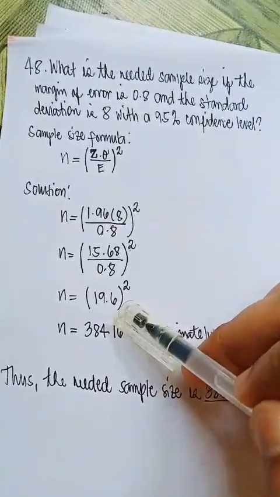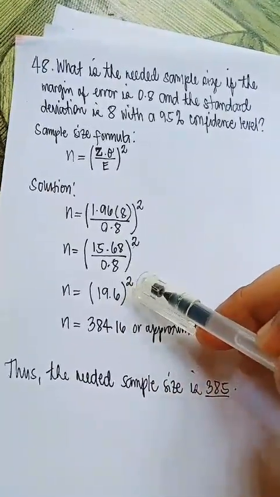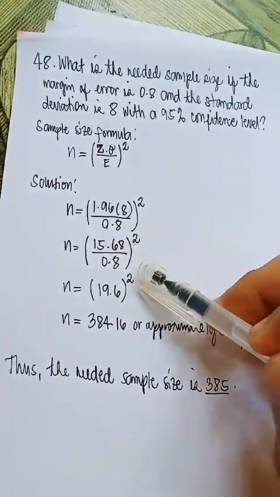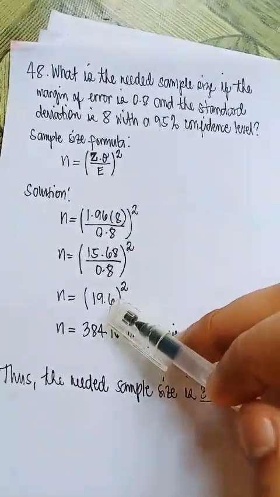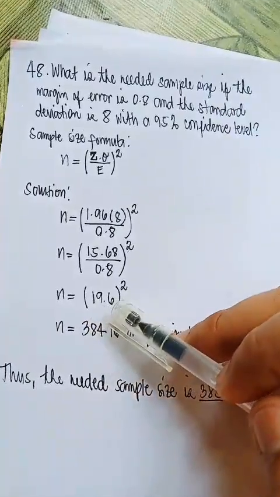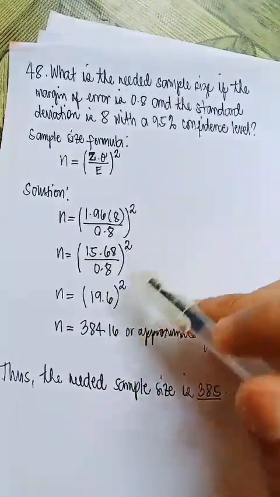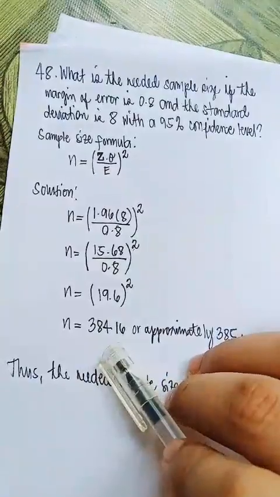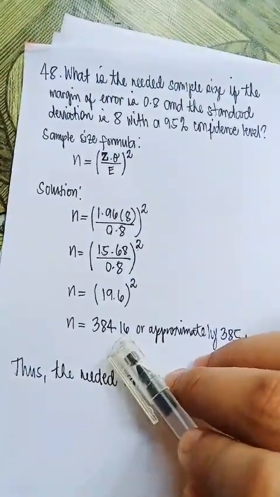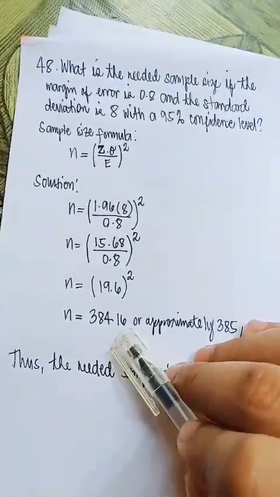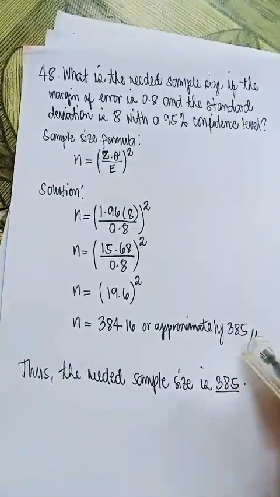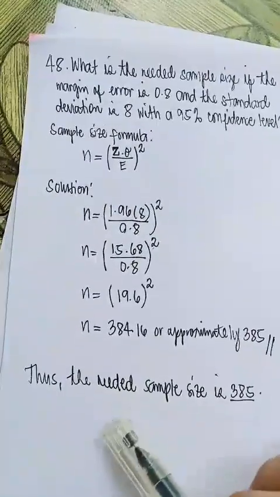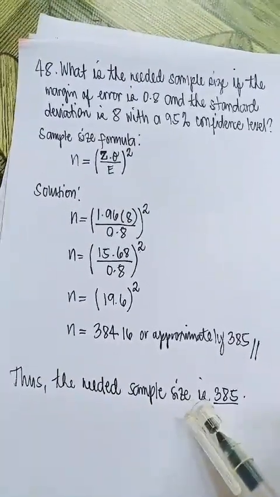Next, since we have the square, we multiply 19.6 by itself. That is why we have here the final answer, 384.16, or approximately 385. Thus, the needed sample size is 385.